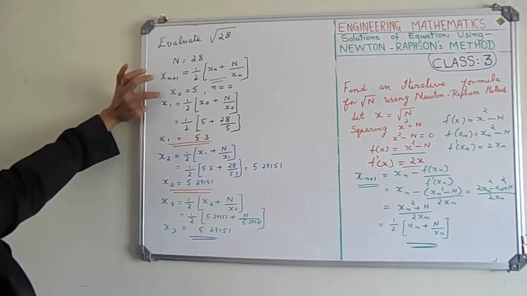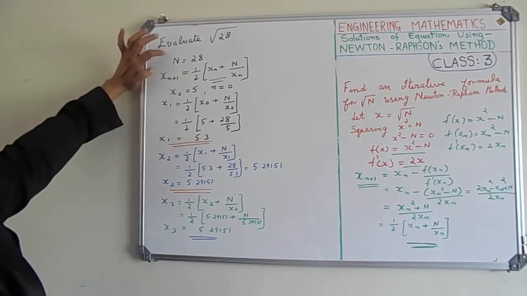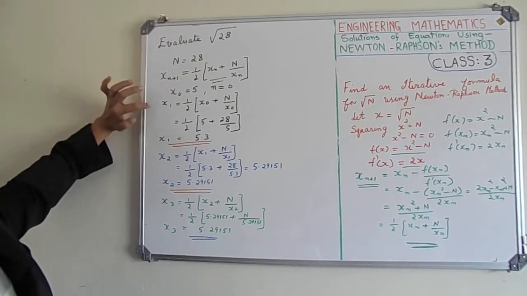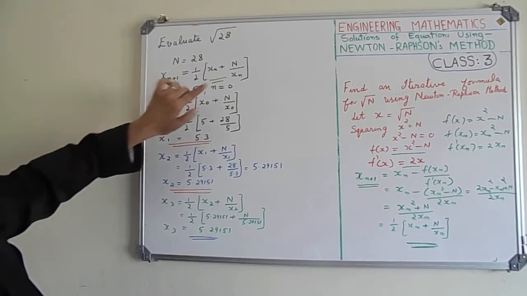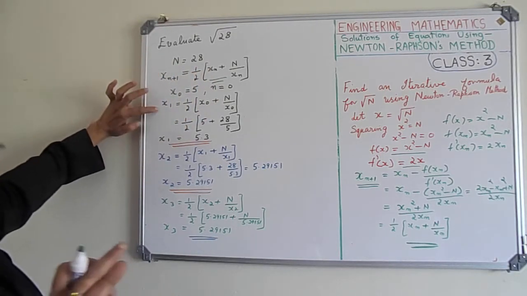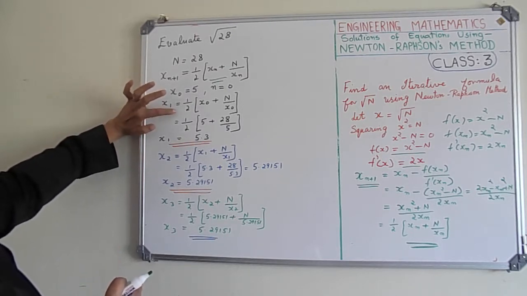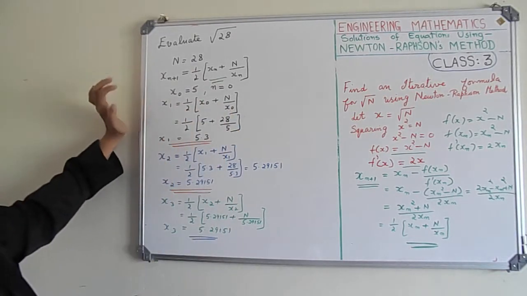Now first of all we should take an initial value. We know the nearest perfect square: square root of 25 is equal to 5. Therefore we can take x0 is equal to 5. Putting n equal to 0 in this equation, we get the first approximation to the root. That is, x1 is equal to half times (x0 plus n upon x0).